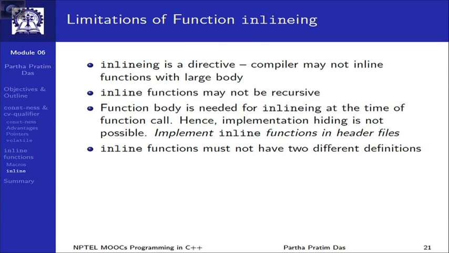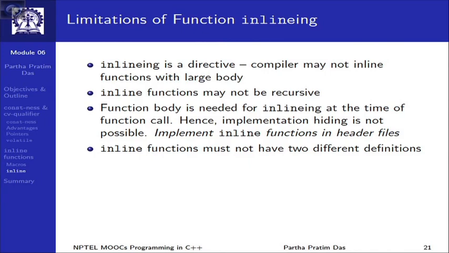Since inlining is replacing the body, in the third point I highlight the fact that if you want to inline a function, then the function body will also have to be in the header file. In module 1, we talked about source organization, where we said that function prototypes must be in header files, .h files, and function bodies, the implementation, should be in separate .cpp files.